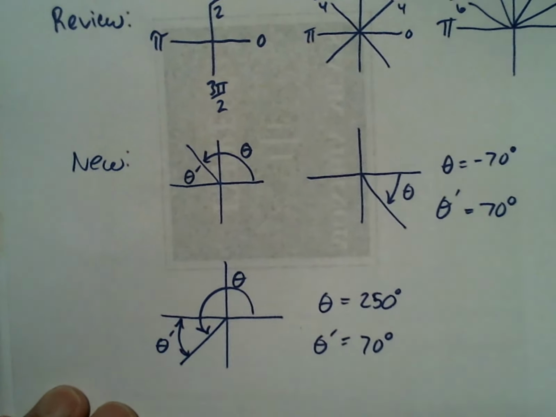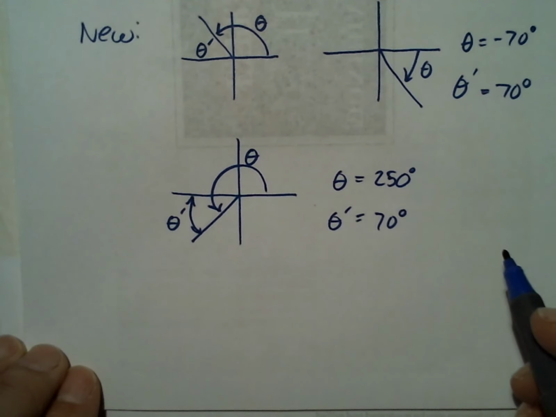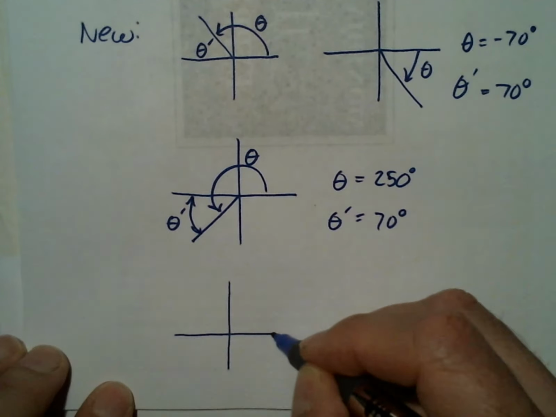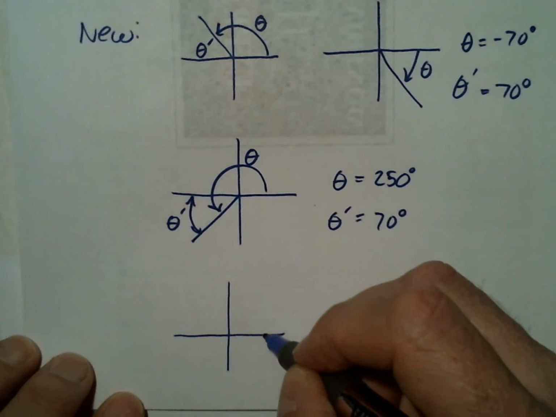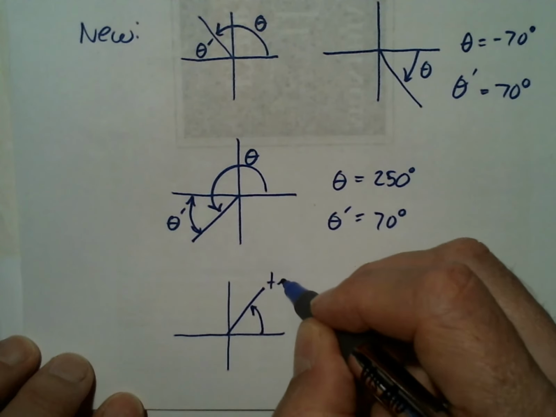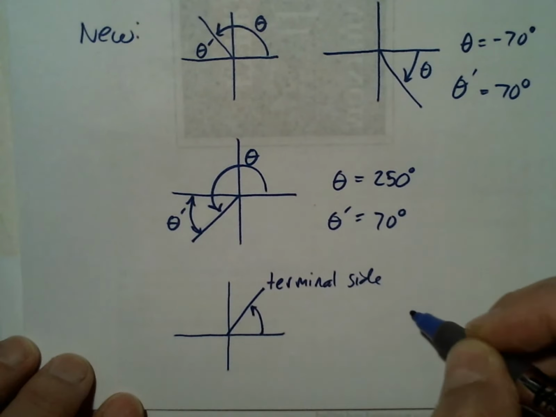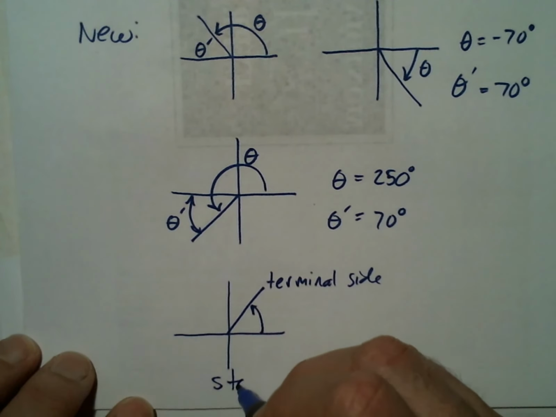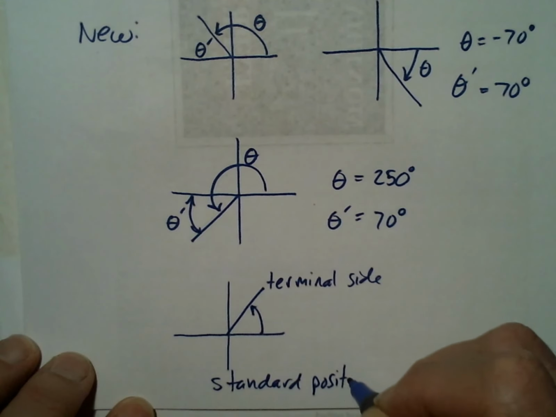And a little more vocabulary, and that is standard position of an angle. So if we have these axes and we start at 0 and rotate this far, this is called the terminal side of the angle, and this angle is in standard position.